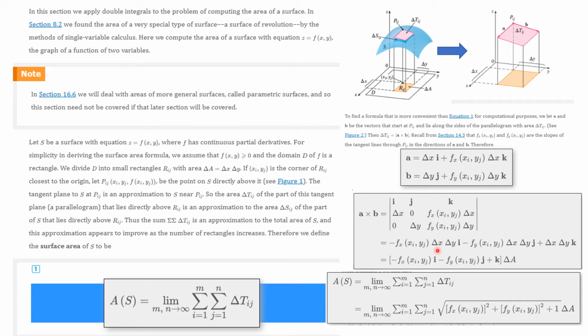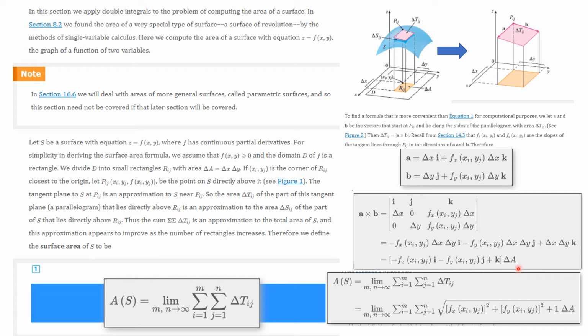and notice that delta x and delta y are a common factor, so we can factor those out and call them delta A. And then when we simplify what we have inside, this is what we have: minus f sub x at xi, yj in the i direction, minus f sub y in the j direction, plus k.